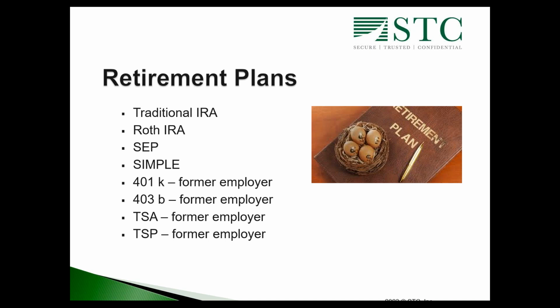Some plan documents are written so that if you brought money in from another employer into your current employer's plan, you can take it out. Some plan documents are written so that if you've reached a certain age, you can take some of the money out. So you definitely have to go to your plan administrator to find out what your employer's documents say if you want to move money out.